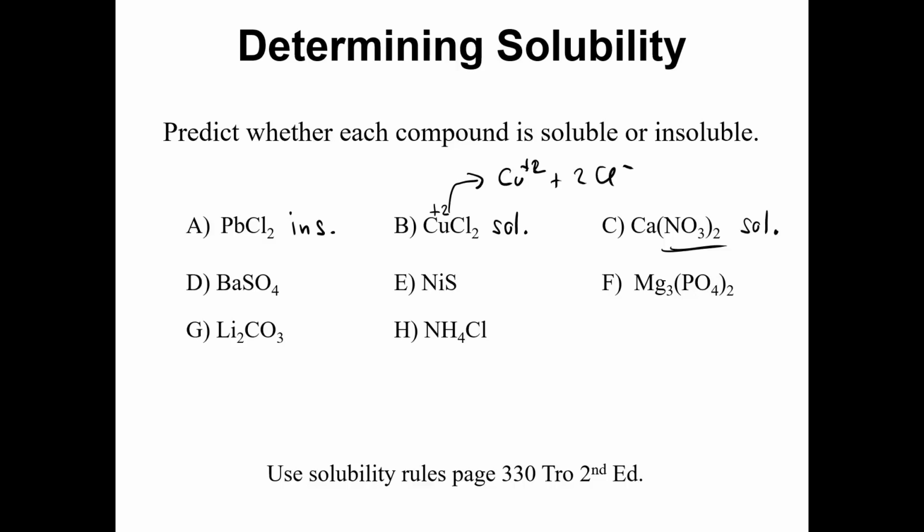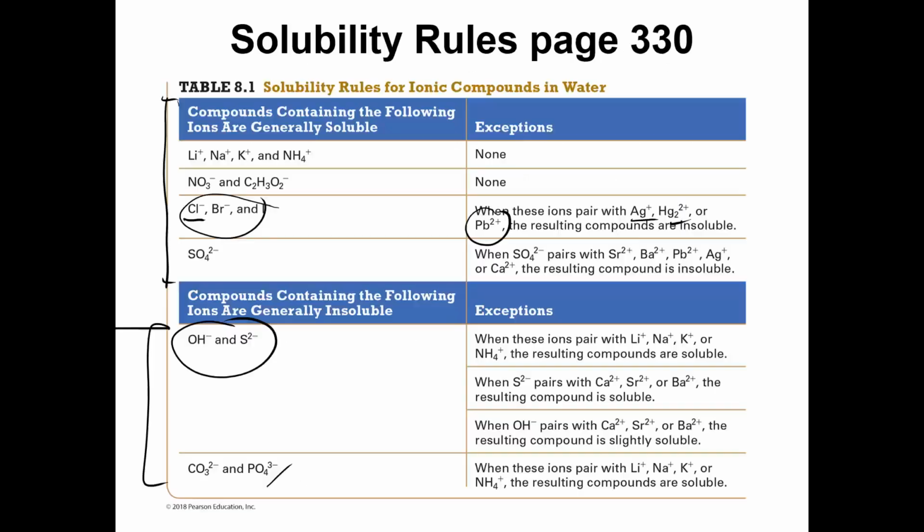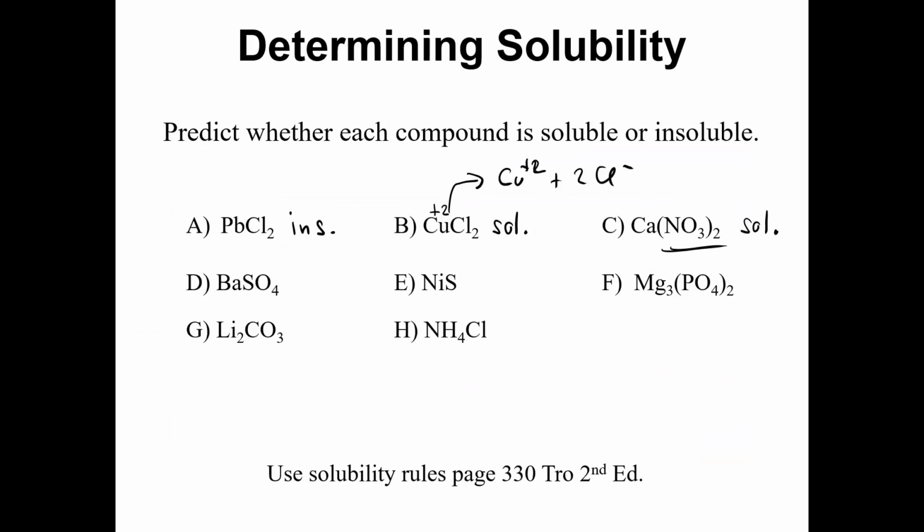Sulfates are soluble except for, let's go look. So sulfates are soluble except for calcium, barium, lead, silver, and strontium. So what we have here is an insoluble because it's one of the exceptions, right? Nickel sulfate, sulfides are soluble. They're insoluble, and so therefore it's insoluble.